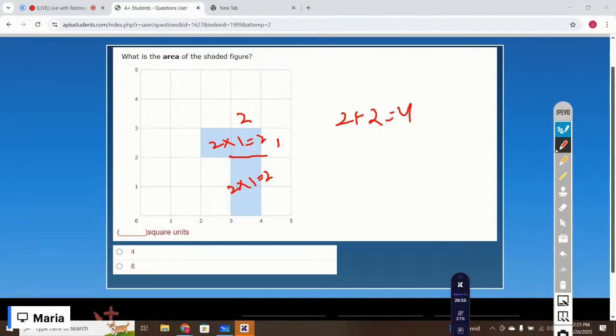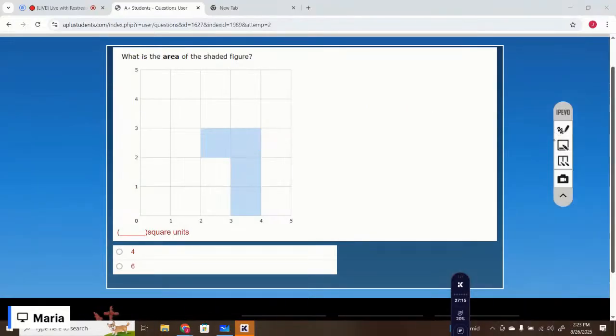So the area of the figure is 4. Option number 1 is the correct option.